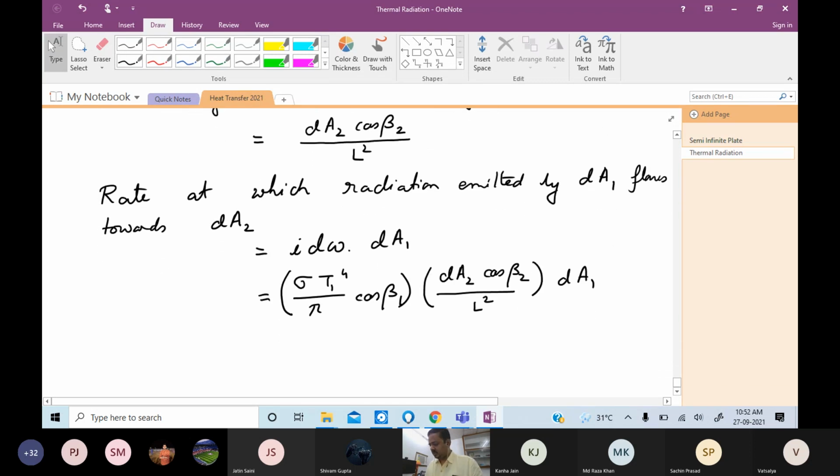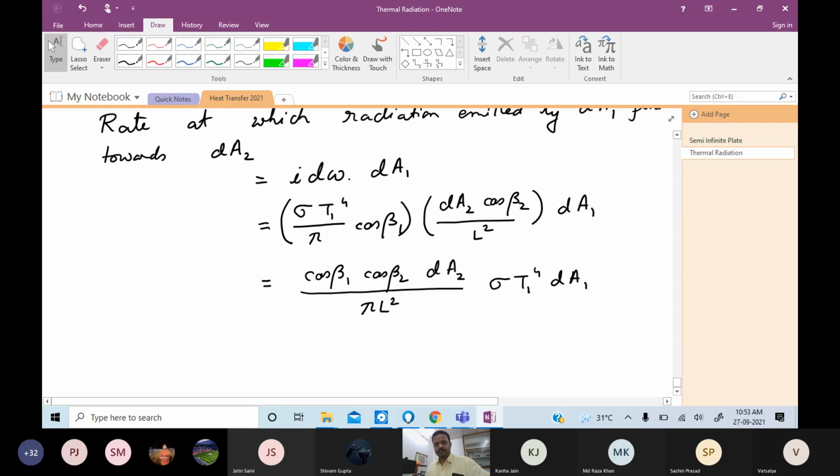Okay, so we will group it a little differently and write it as cos beta 1 cos beta 2 dA2 together by pi L squared, then sigma T1 to the power 4 dA1. This term we'll define by something.